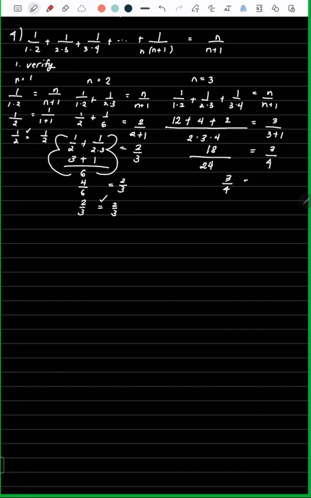So 12 plus 4 plus 2 is 18. Simplifying it, dividing both numerator and denominator by 6, that would be equivalent to 3/4. And as you can see, our mathematical statement is valid for step number 1.